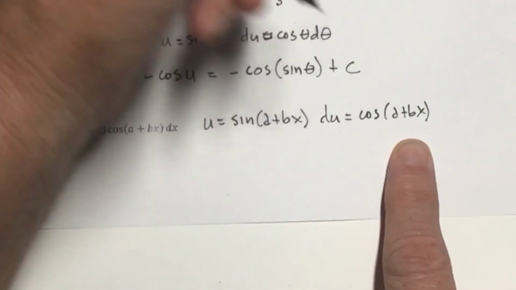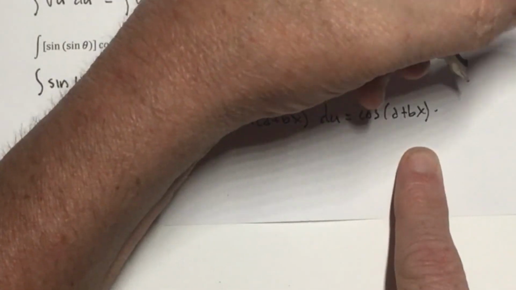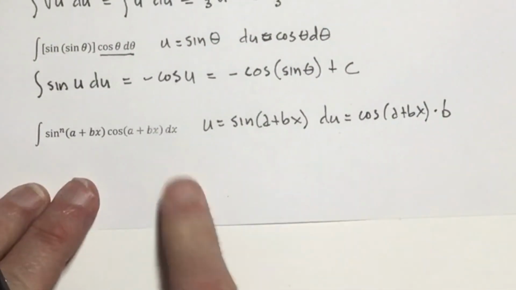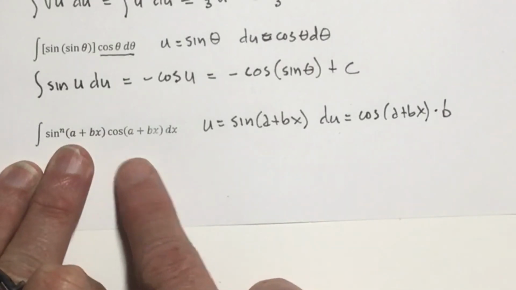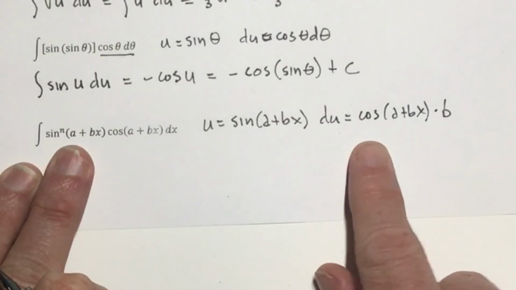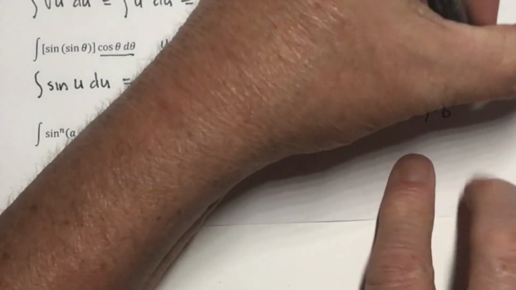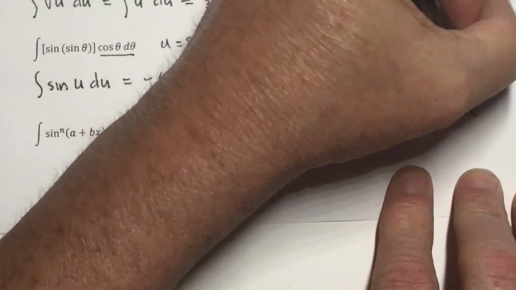So now to find du, I still have to take the derivative of what's in the parentheses. So it's going to be times b. All right, so when I look to do my substitution, I'll be substituting u in for that. We'll have u to the n. And then to put du in there, I have to have a cosine a plus bx, which I have. Oh, I forgot my dx. There we go.